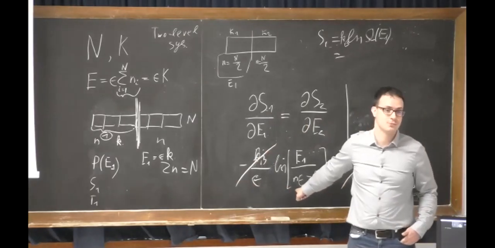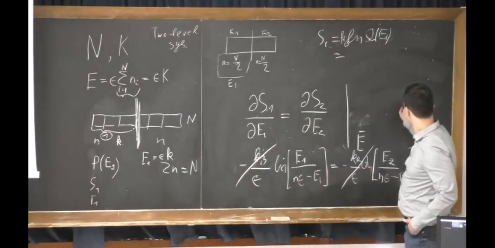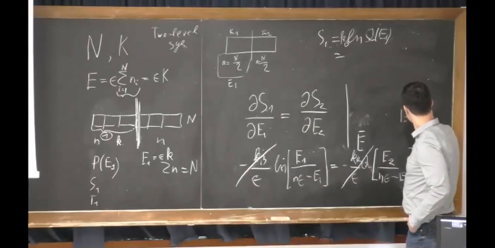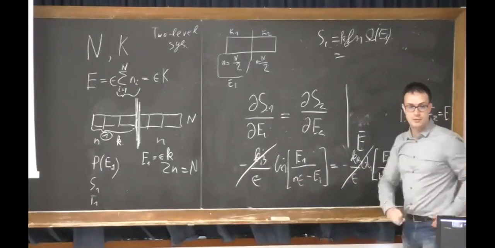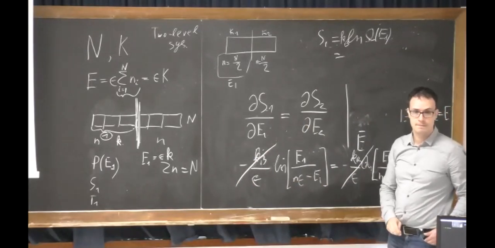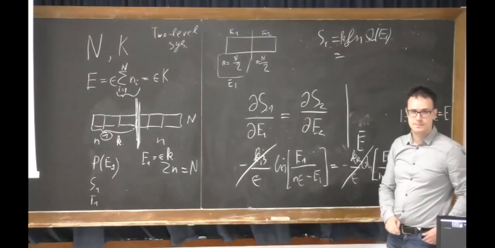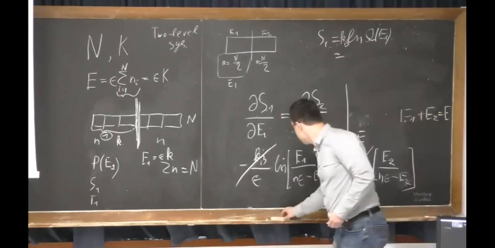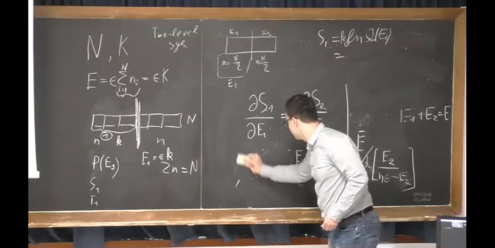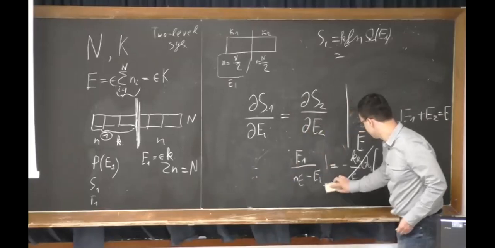Now we solve this equation. You ask me, what is E, given that E1 plus E2 equals the total? Won't that just be n epsilon divided by e to the power epsilon over Boltzmann constant times temperature plus 1? Let's remove this, right?